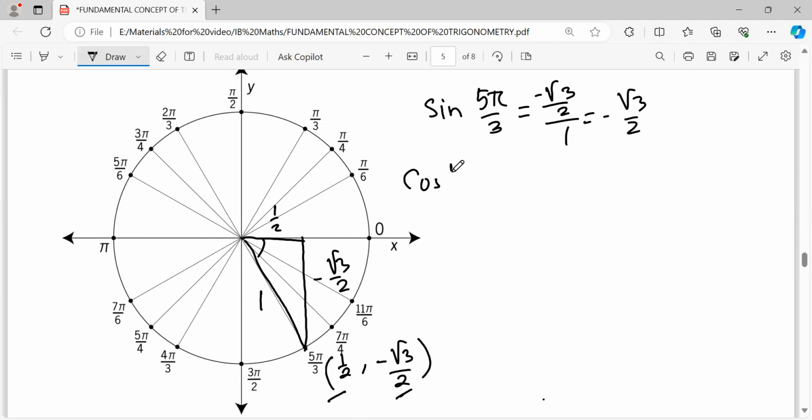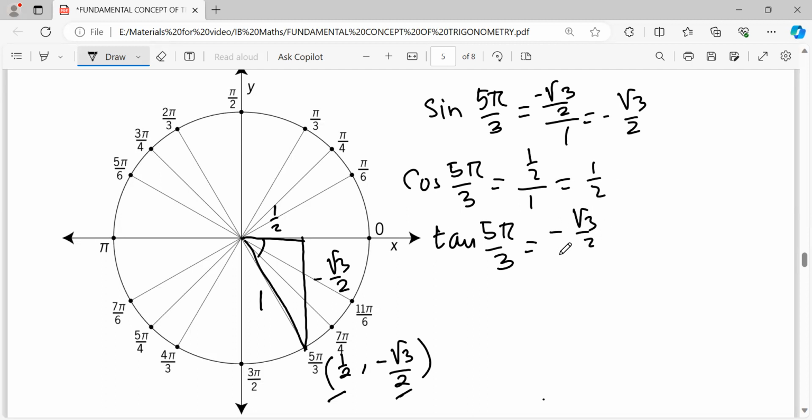Cosine 5 pi over 3 equals half over 1 equals half. Tangent 5 pi over 3 equals negative square root 3 over 2 over half. So it becomes negative square root 3 over 2 times 2 equals negative square root 3.